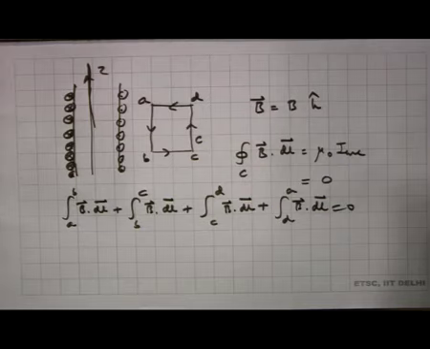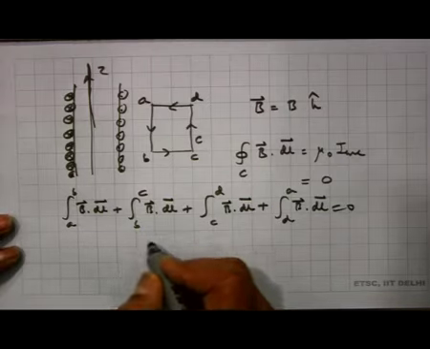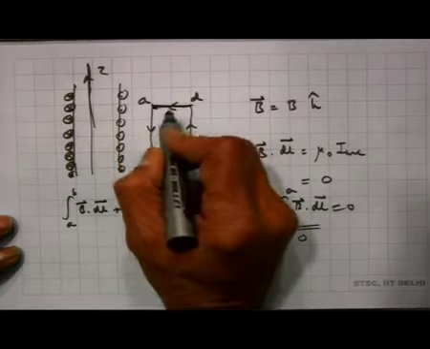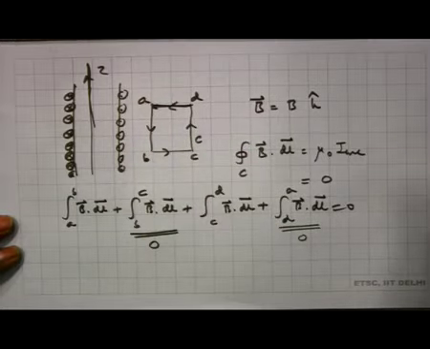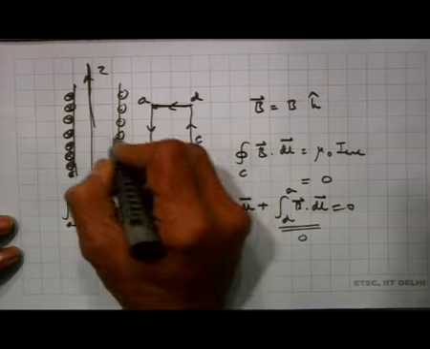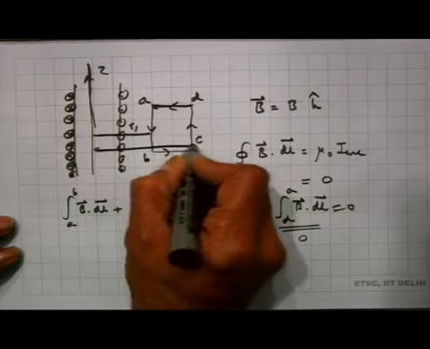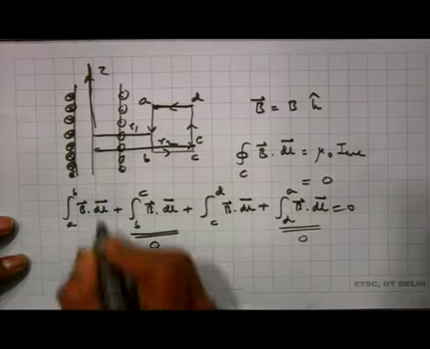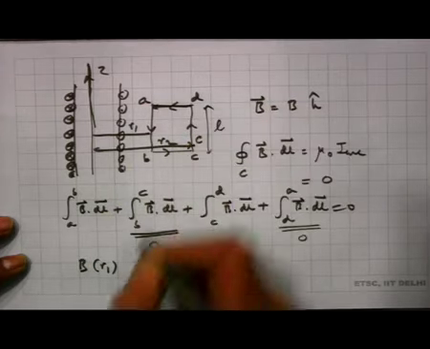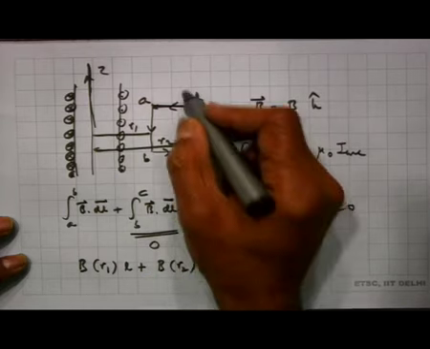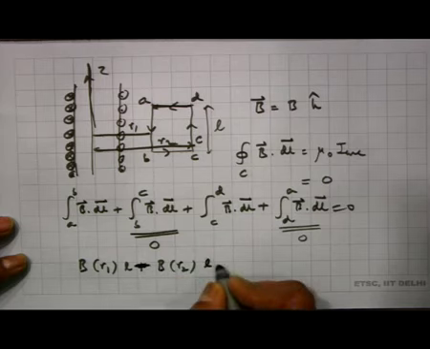Now, because the magnetic field has only a z component, the integrals b to c and d to a must be 0, because the path of integration is like this and the magnetic field can only have a z component. So these two integrals are 0. Call these distances R1 and R2, with length L. Then B at R1 times L, plus, noting that the direction of integration is opposite, minus B at R2 into L, must be equal to 0.